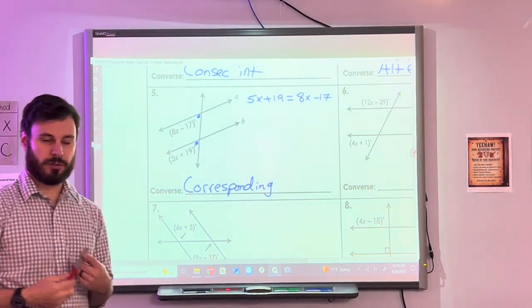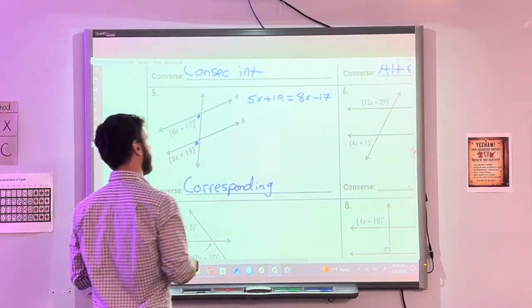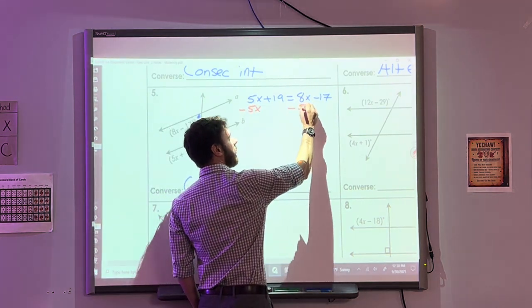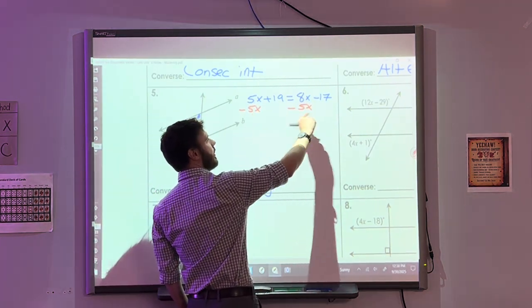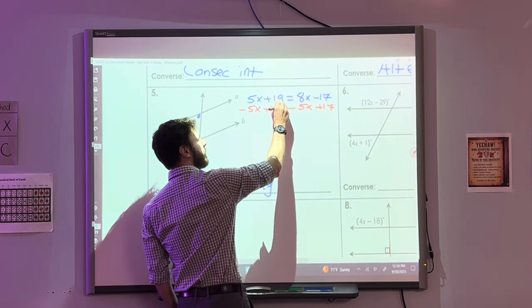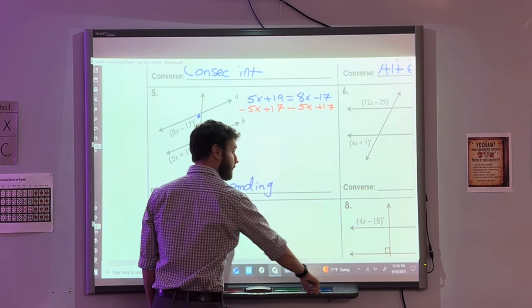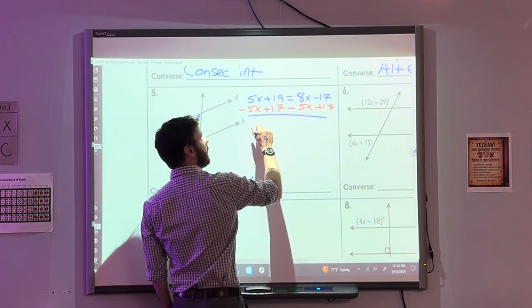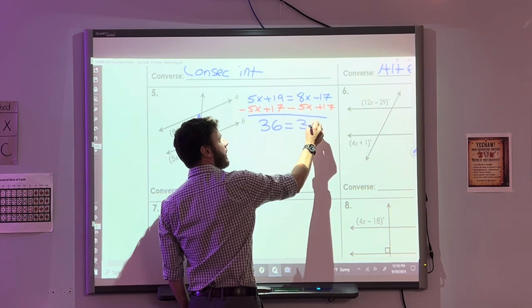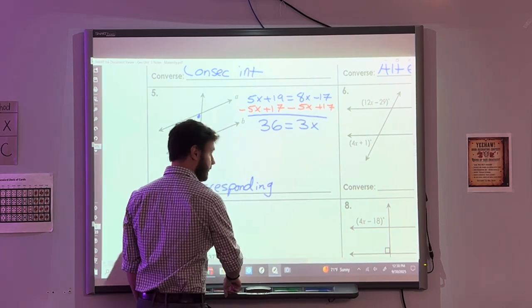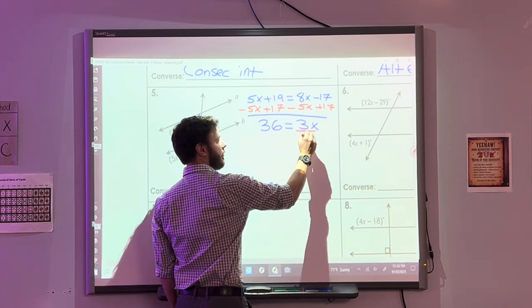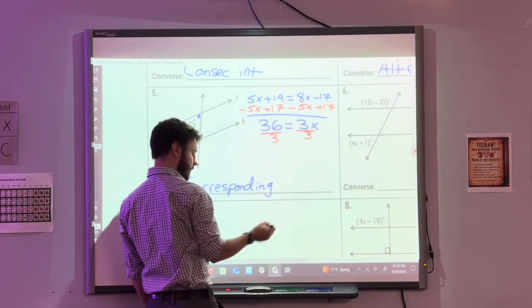Move smaller x, give something back, divide by what you have left. Take away 5x. But the left gave to the right, so the right has to give something back. And the only thing it has to give is this 17. 36 equals 3x. Okay. Move smaller x, give something back, divide by whatever you have left.